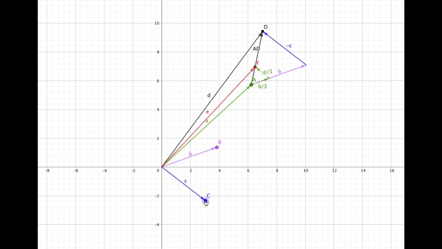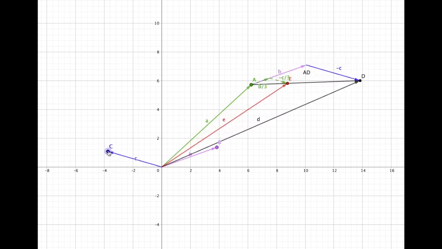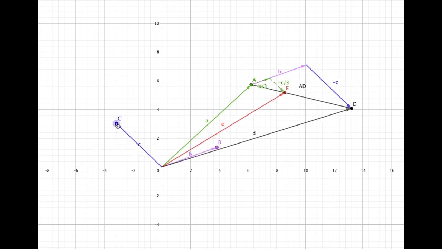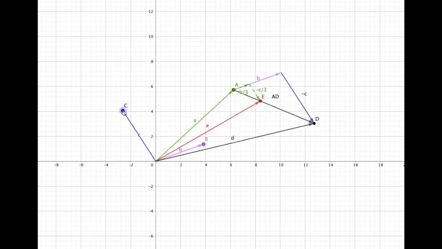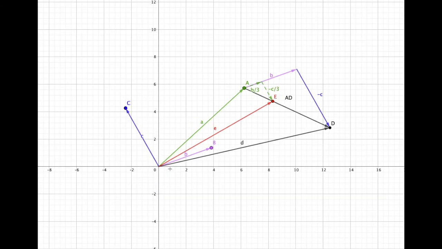We could perhaps change C around, rotate it around. But what we can see is that the vector relationships remain the same. We still have our A plus a third of B minus a third of C, taking us to a point which is 1/3 along the line AD. And these are extra things you can do for yourself.